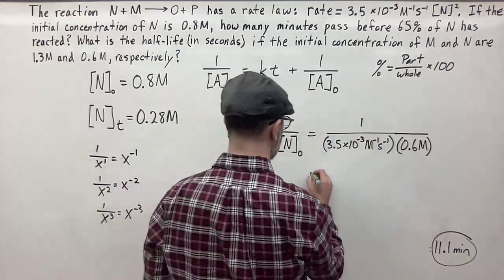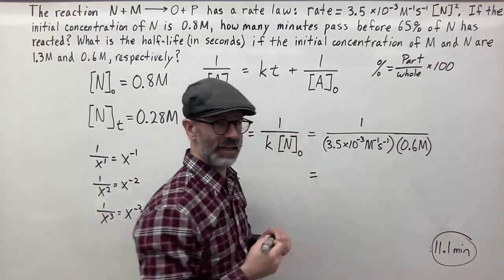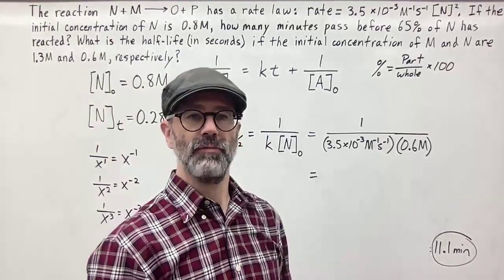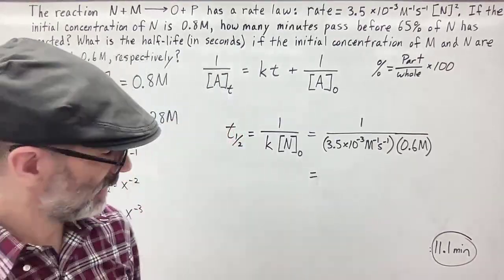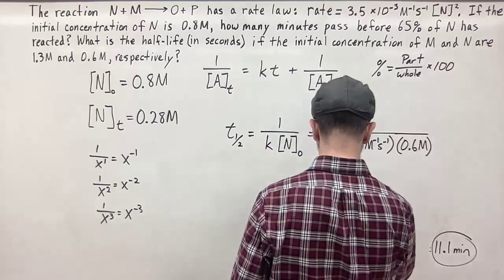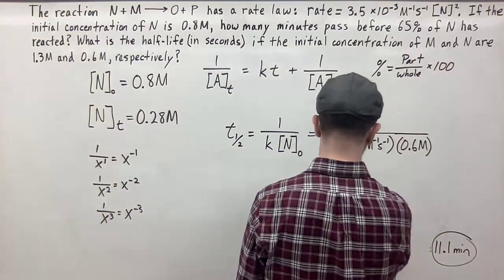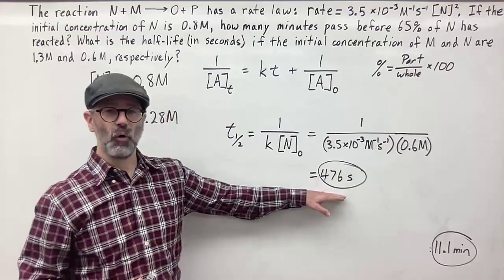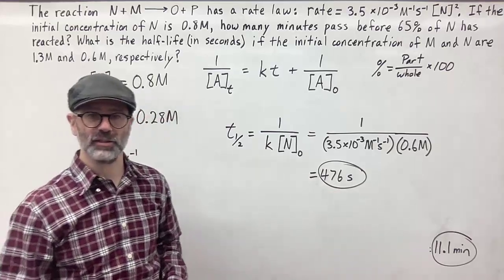And then all we need to do is calculate that. And when we do that, we get 476 seconds. So that, ladies and gentlemen, is the half-life for this particular reaction.